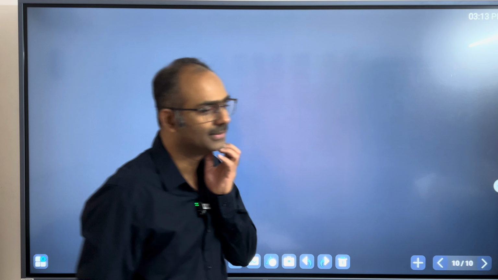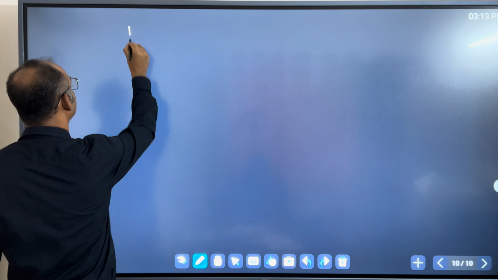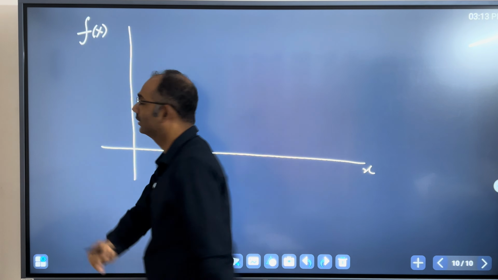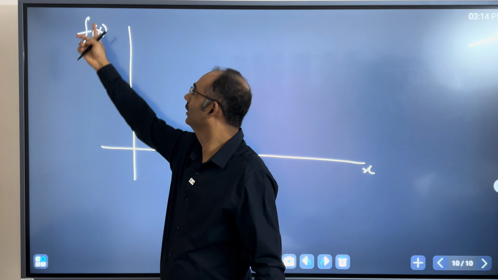So imagine, that's the x-axis. Imagine again I am looking at the height of a mountain, or if you are okay with it, I'll just write some function f of x. If you are not very happy with f of x, keep imagining f of x as the height of the mountain at point x.